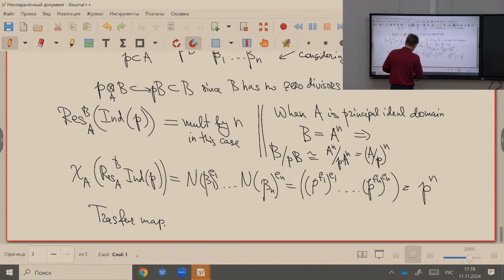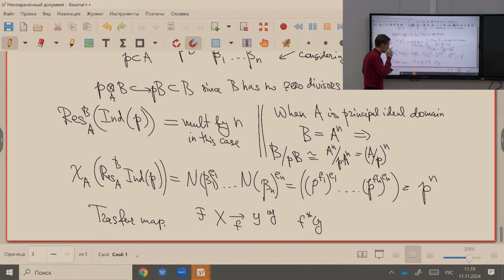Usually, if you have a map F and sheaves on both sides, you have a pullback map, which usually exists, and it preserves properties such as finiteness of the map.